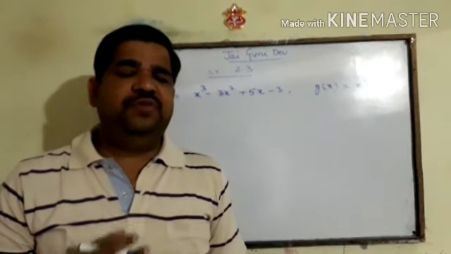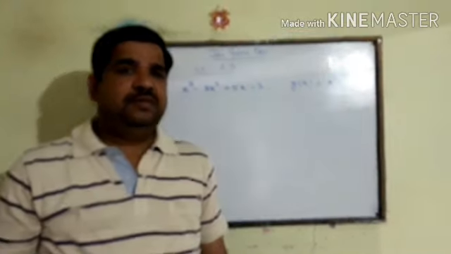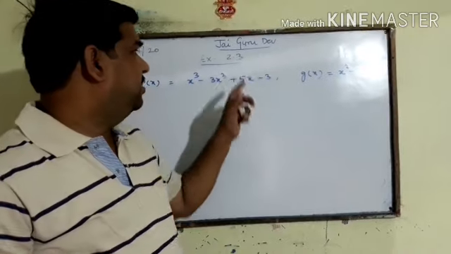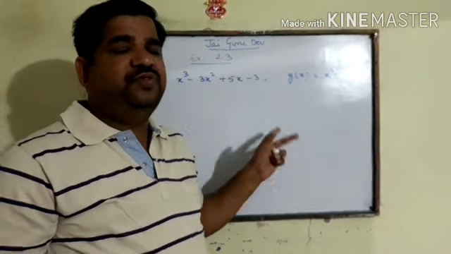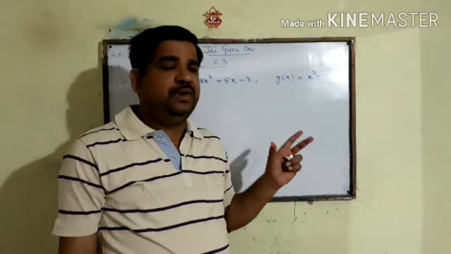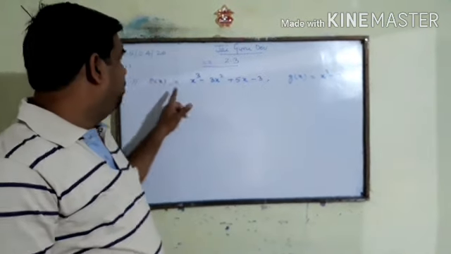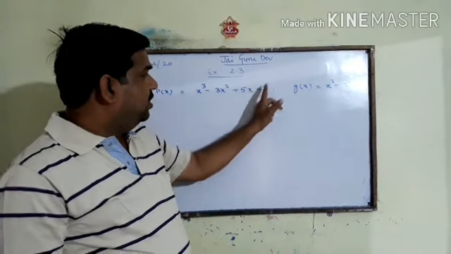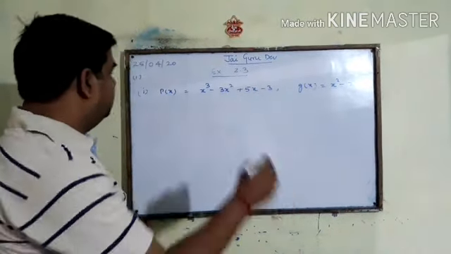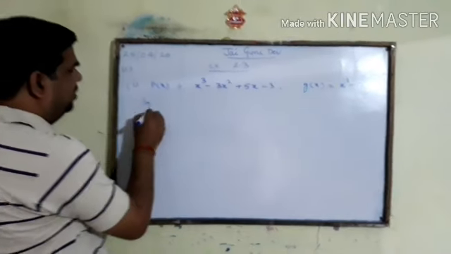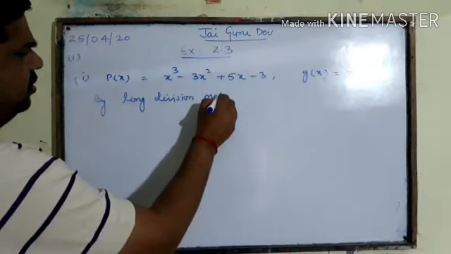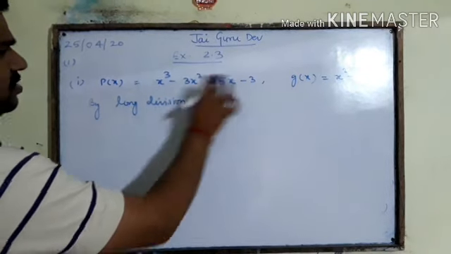We apply this division algorithm of polynomials in the questions of exercise 2.3, where in the first question we have to find the quotient and remainder by dividing the polynomial p(x) by the polynomial g(x). By the long division method, we divide p(x) by g(x).